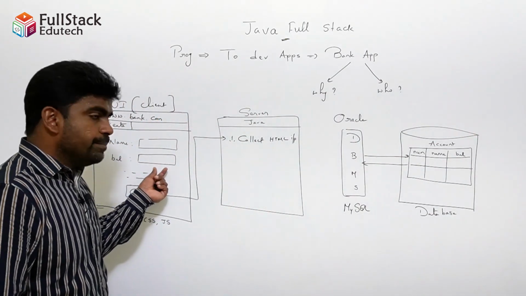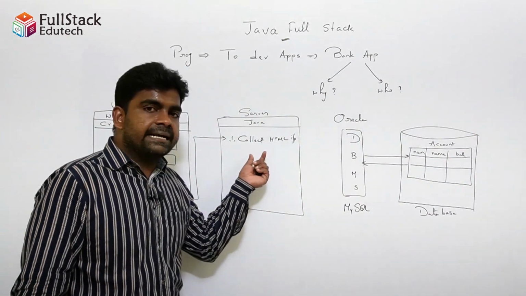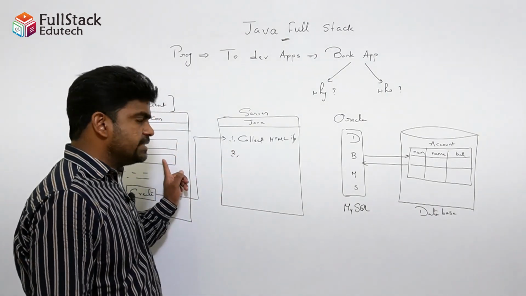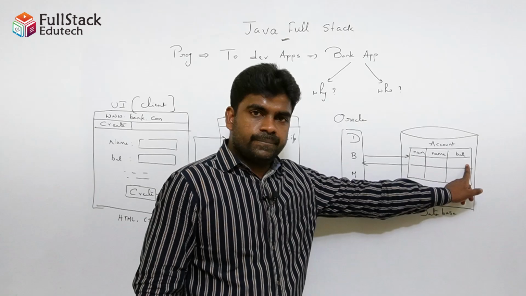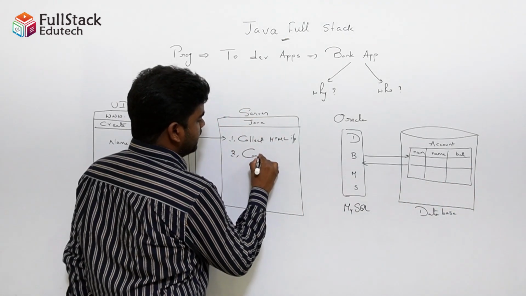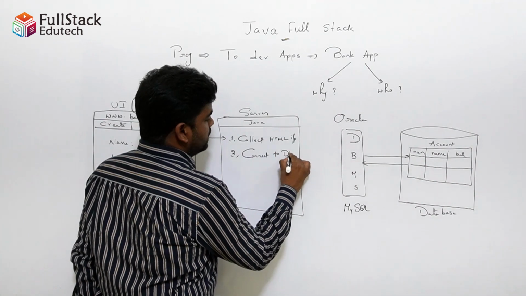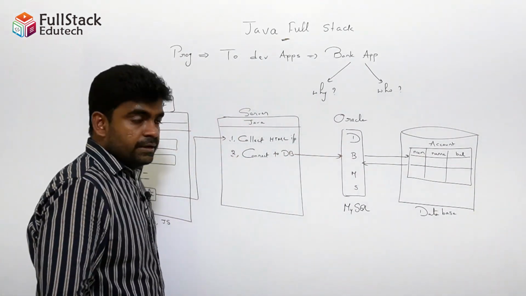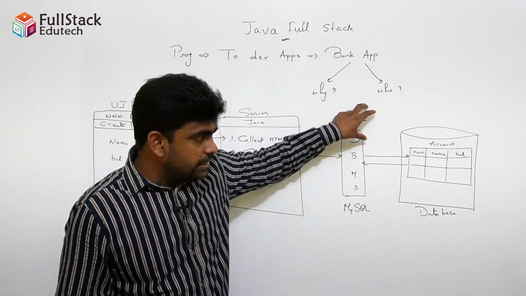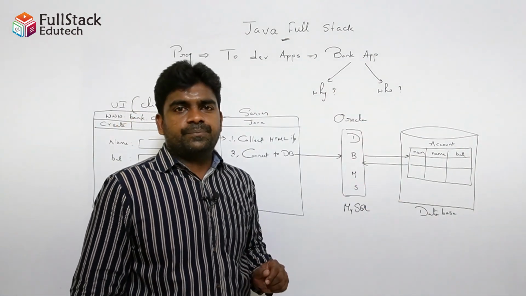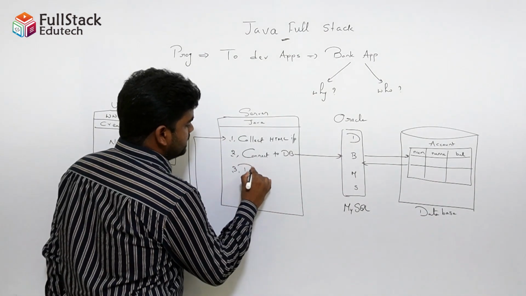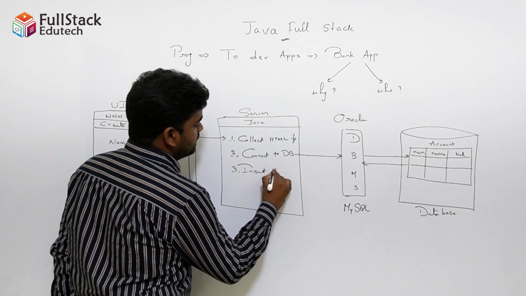Whatever data you submit, that information will be collected here. Second, this information you have to store, so database connectivity is required. We need to connect to the database. From the Java application, we establish the connection with Oracle or MySQL, then insert the data.